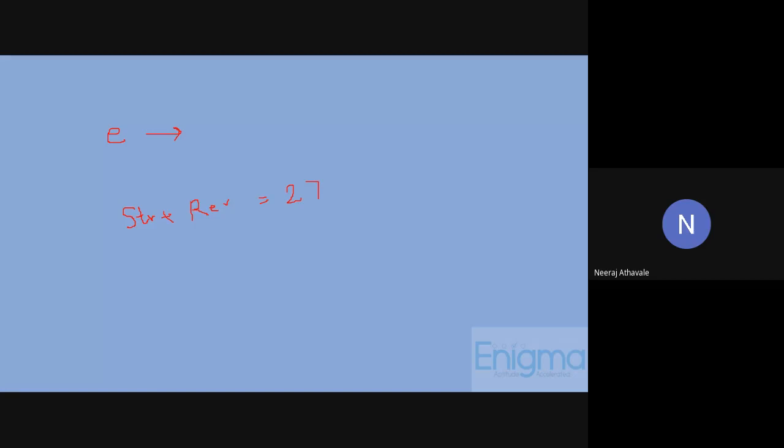Okay, so tell me what is the straight rank of M? 13. What will be the reverse rank? 14. 14, correct. M straight rank is 13, so 27 minus 13, reverse rank will be 14.